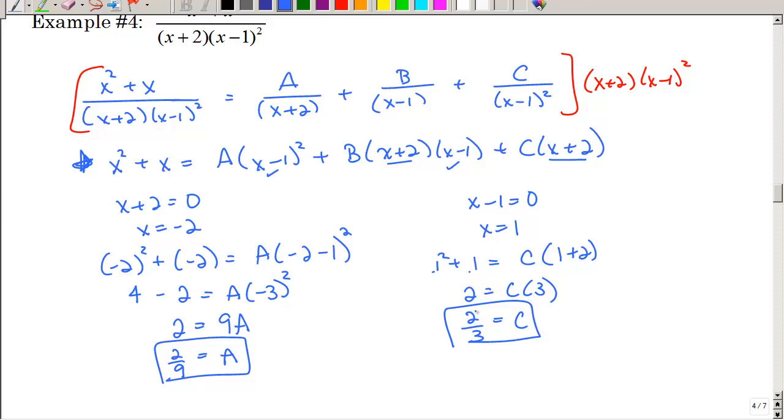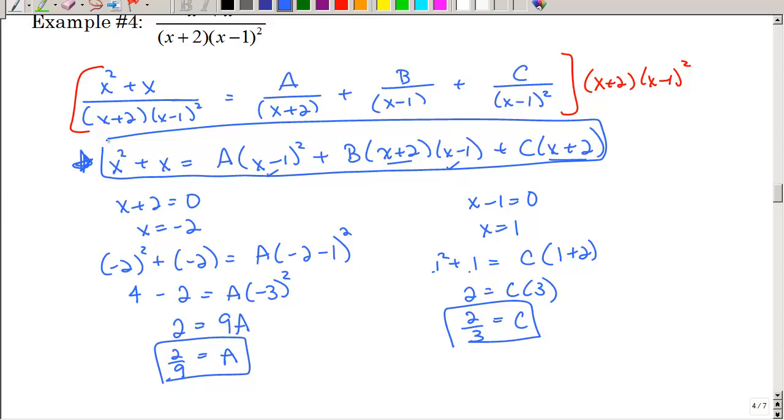What's the last thing I have to do? Solve for b. I don't have another convenient value, so again I need to equate coefficients. So we can expand that, but before I do, let's see what all b would be involved in. Let's see, you'd multiply that out, and I'd have x squared plus x minus 2 times b. So b is going to be an x squared, an x, or a constant. So we have lots of choices here.